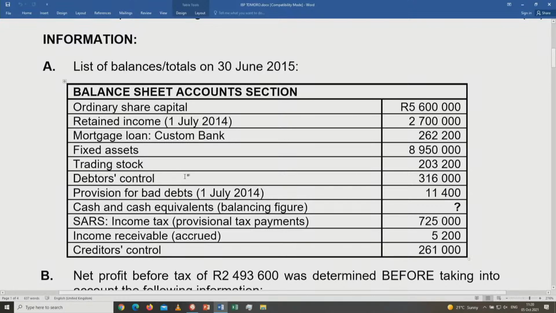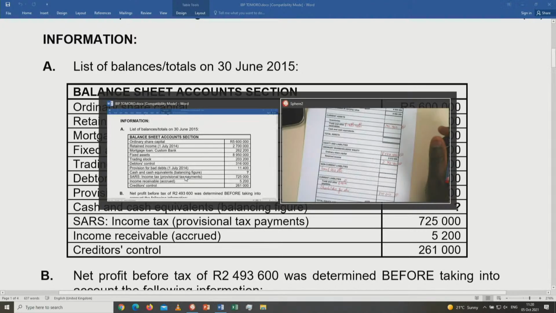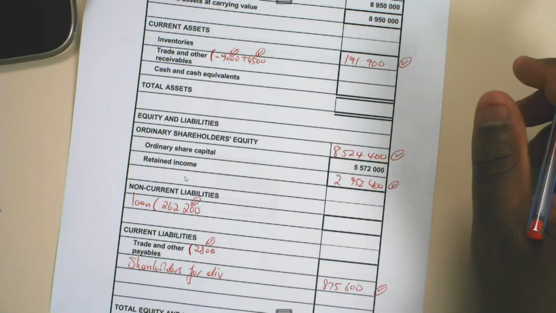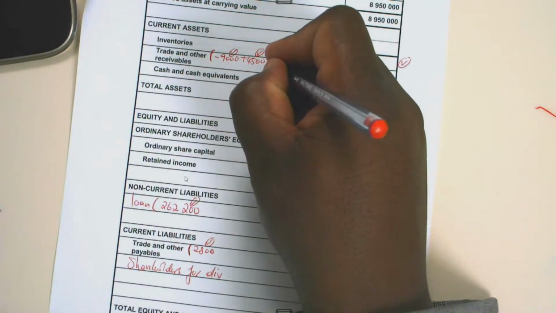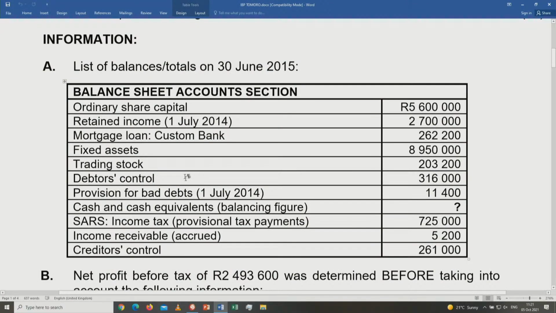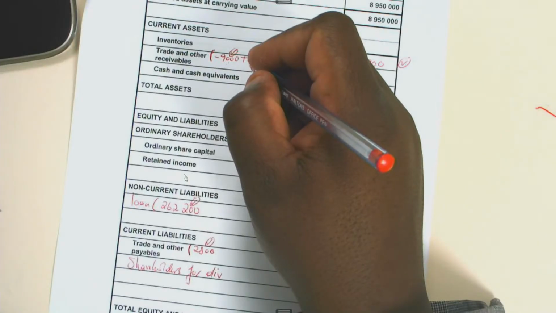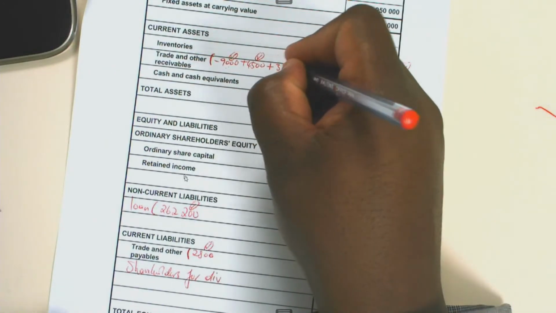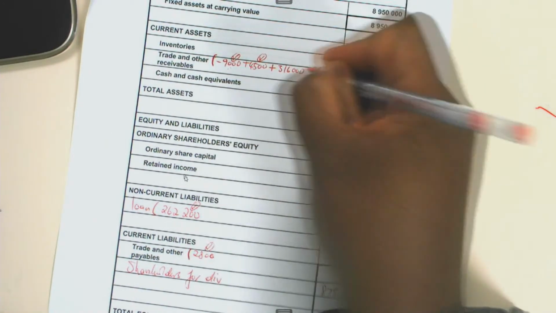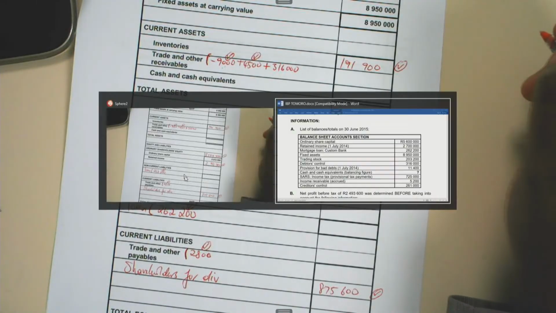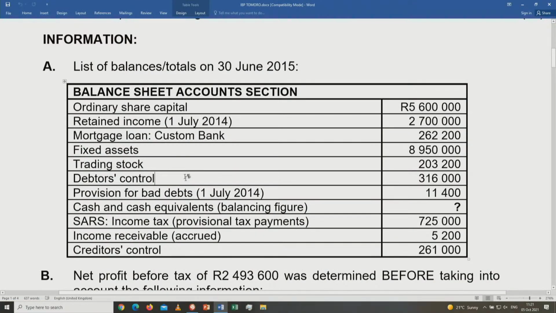Then it is debtors control. Debtors control on the face of our balance sheet falls under trade and other receivables, and it is 316,000. It means here you must now add 316,000.